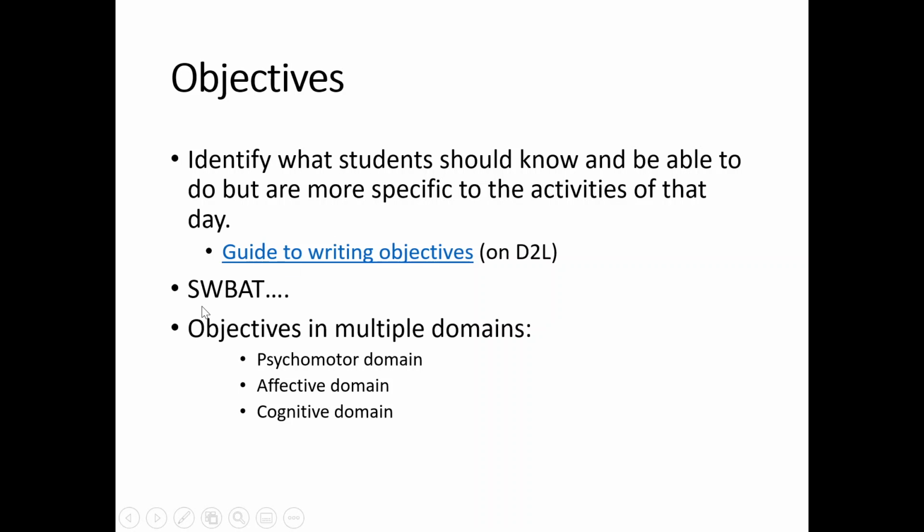But essentially, these tell me what the student should know and be able to do before they walk out of my class at the end of my class period. It always starts with students will be able to. SWABT is fine as an acronym. And usually, as I mentioned, they're in the 3 domains. So you have a psychomotor domain objective, an affective domain objective, and a cognitive domain objective.